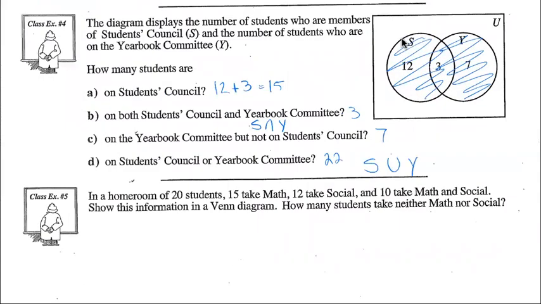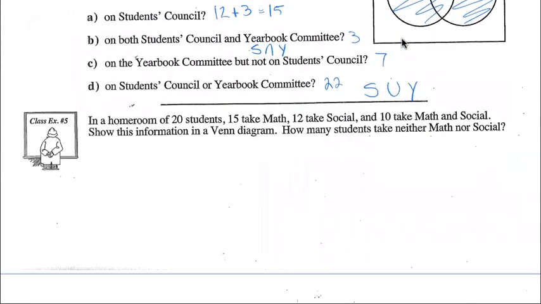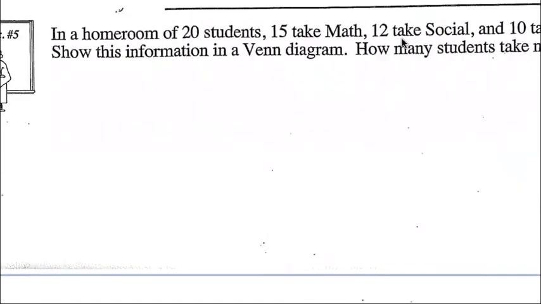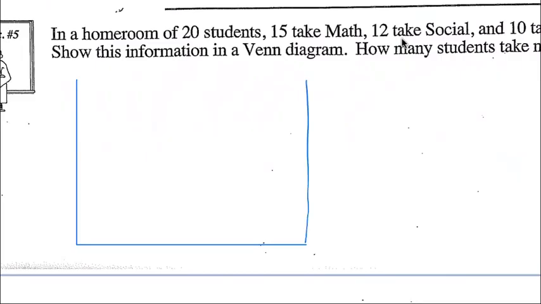Okay, example 5. In a homeroom of 20 students, 15 take math, 12 take social studies, and 10 take math and social studies. Show this information in a Venn diagram. How many students take neither math nor social studies? So draw yourself a quick little diagram. I'm not looking for artistry here, as you'll soon see.